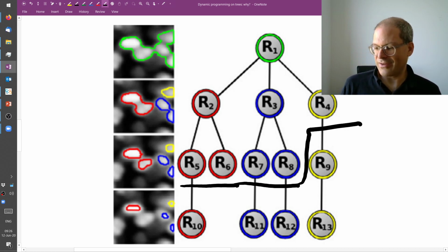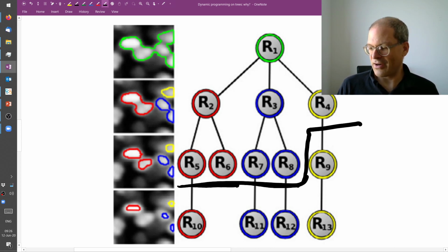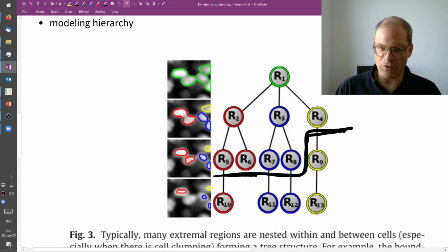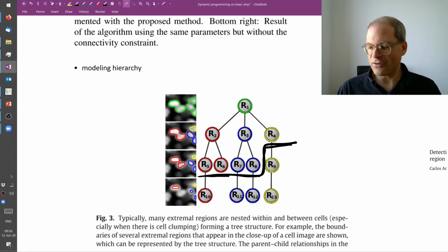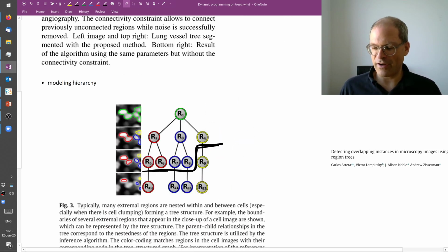So you see that this threshold here has not been uniform, but I've made it somehow locally adaptive. And of course, I want to make that locally adaptive based on cues. And because these regions are nested, because they form a hierarchy, because they are a tree, I can use dynamic programming on trees to find an optimal threshold here.